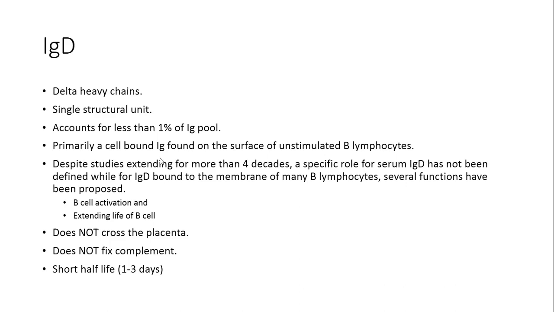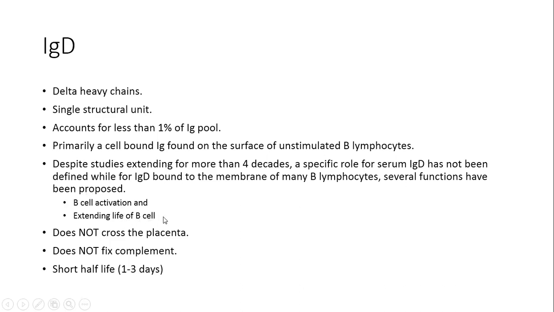We see it now on unstimulated lymphocytes, and so we really think now that research has shown it is demonstrating an ability to extend the life of a B cell. And it's also known to aid in B cell activation.